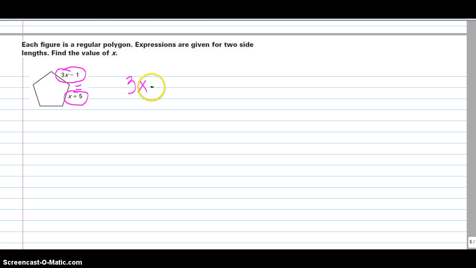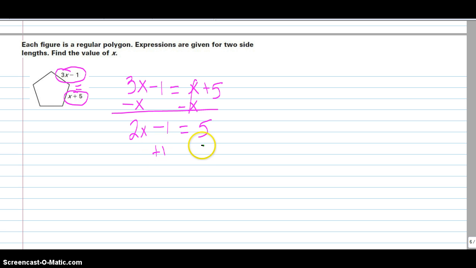3x minus 1 equals x plus 5. Which one's smaller, the 3 or the 1? The 1, obviously, so subtract the x. Cancel. 3x minus 1x is 2x minus 1 equals 5. How do you get rid of a negative 1?